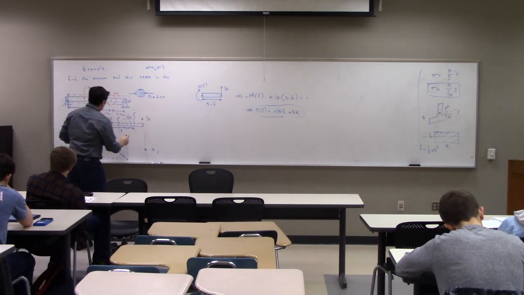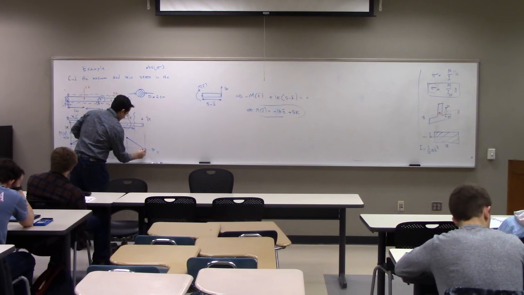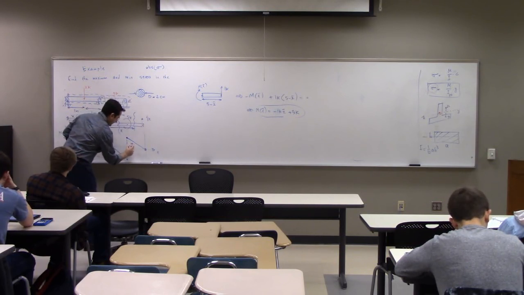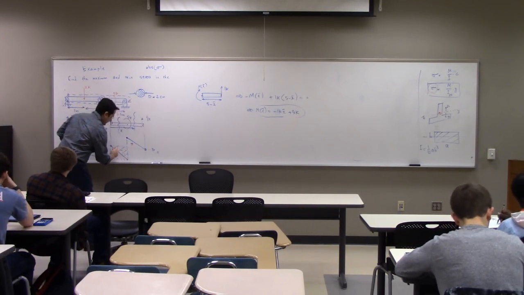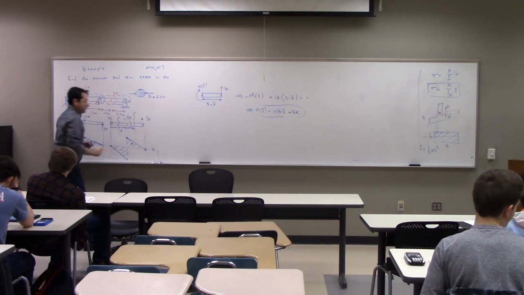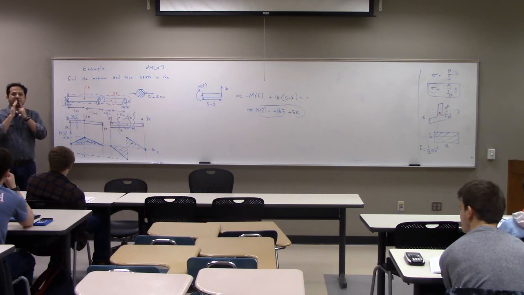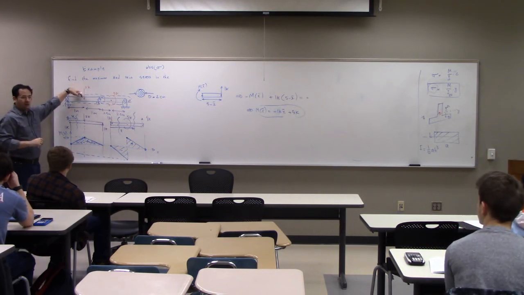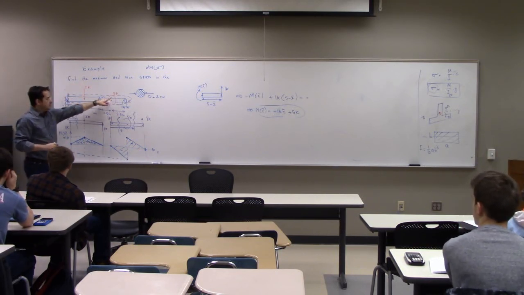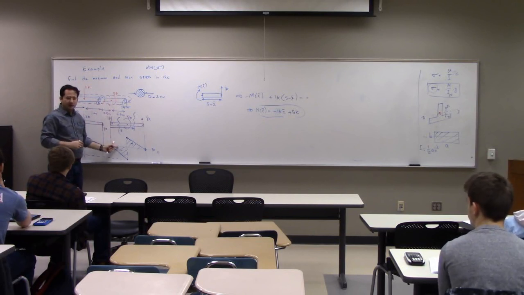So then you have this point, positive, negative. Now if you have a shear load, you have a jump in the shear diagram. You have a jump in the moment diagram.